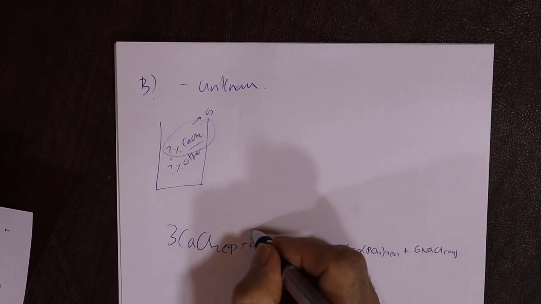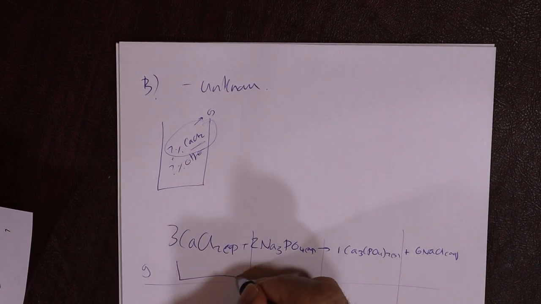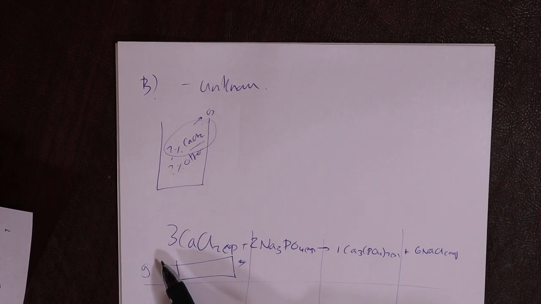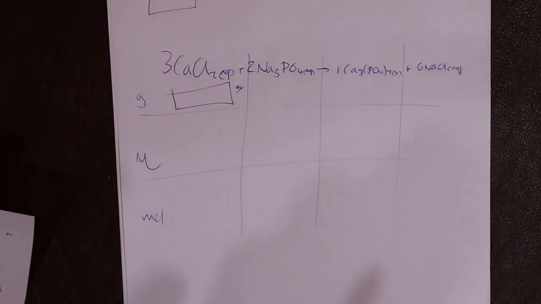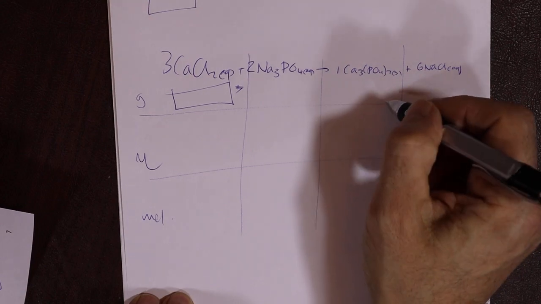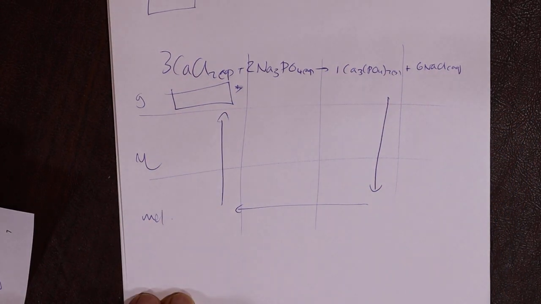Everything in terms of the balancing and the molecular weights carries over. It's the same equation. But here, this is our destination. We need to figure out how much calcium chloride is in that unknown mixture, starting here and moving in this direction.